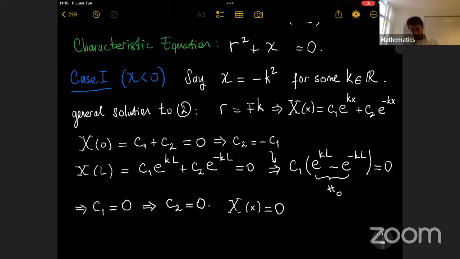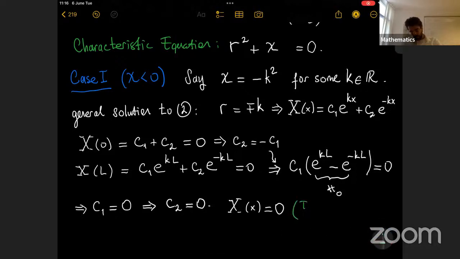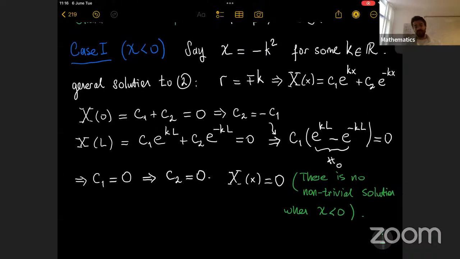So this implies there is no non-trivial solution when lambda is less than 0. In this case, we can ignore this case.